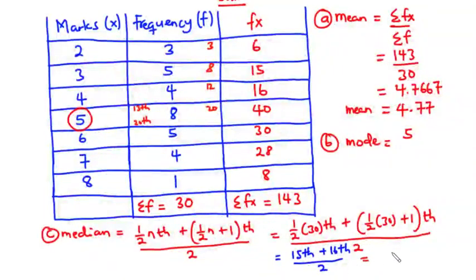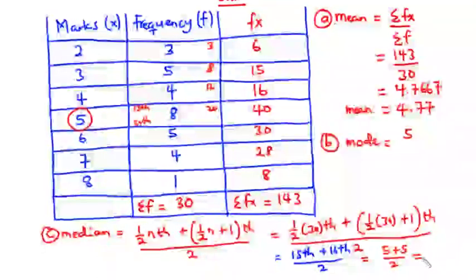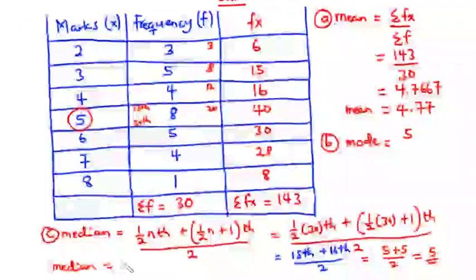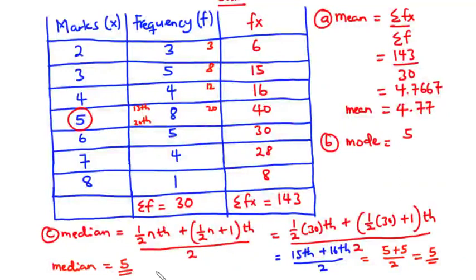So this is equal to 5 plus 5 divided by 2, which is 10 divided by 2, 5. So it means that we have our median to be 5. Now you can confirm your answer using the traditional method.